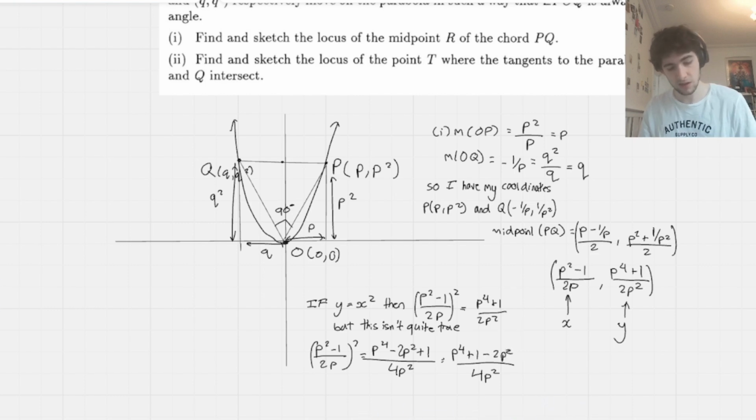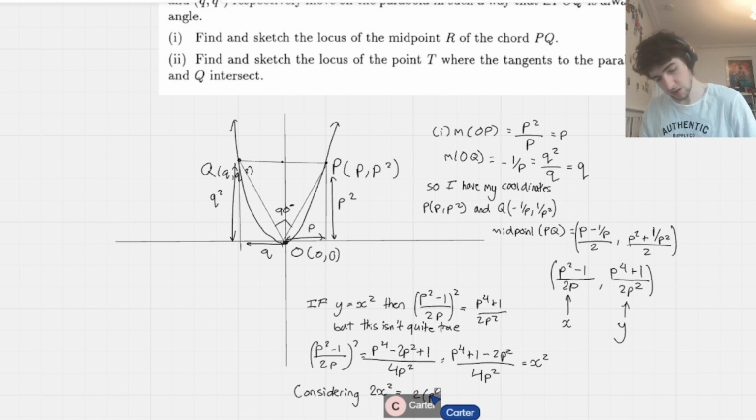So maybe this is just going to be x squared, right? But maybe we want to consider 2x squared, then we get 2 times p to the 4 plus 1 minus 2p squared over 4p squared.